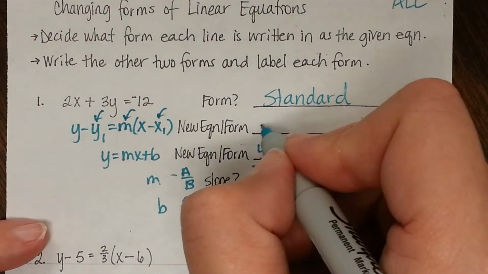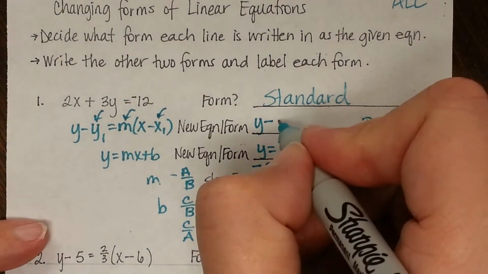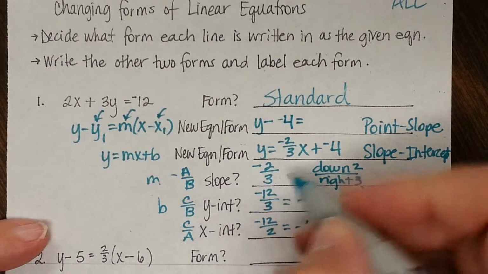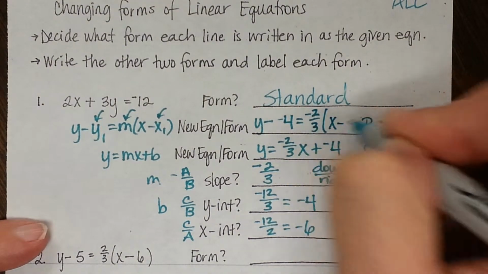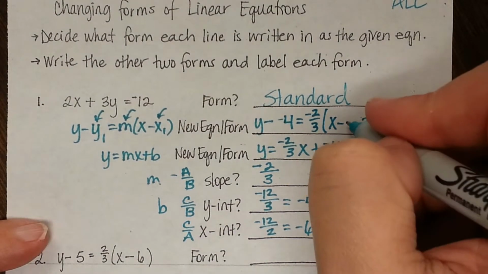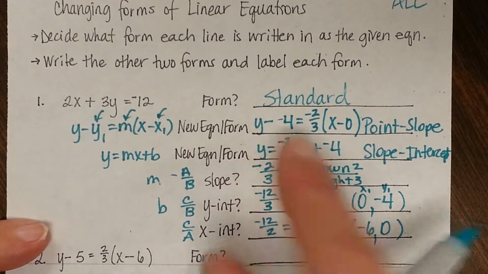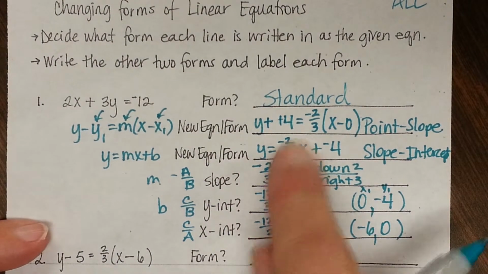So my equation would look like y minus y1, which is negative 4, equals my slope of negative 2/3, open parentheses, x minus x1, which is 0. And if I wanted to, I could make this minus a negative be plus a positive. So this is the same as y plus 4.